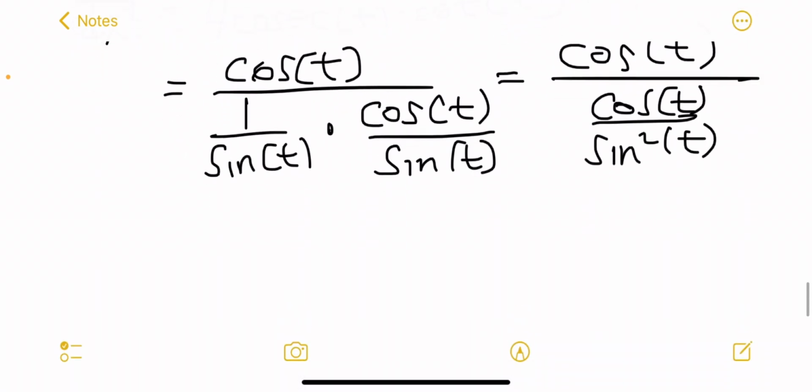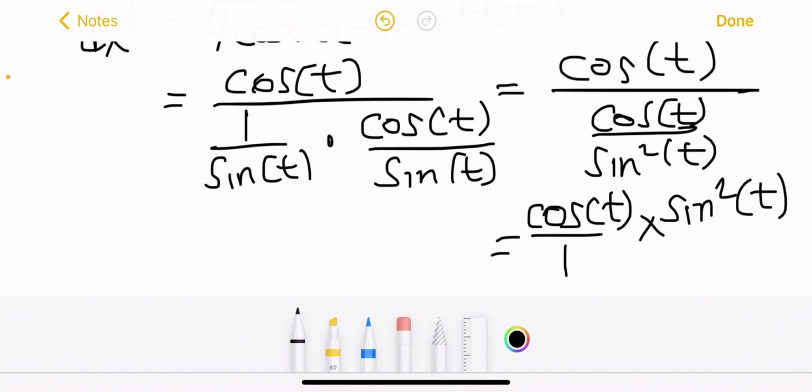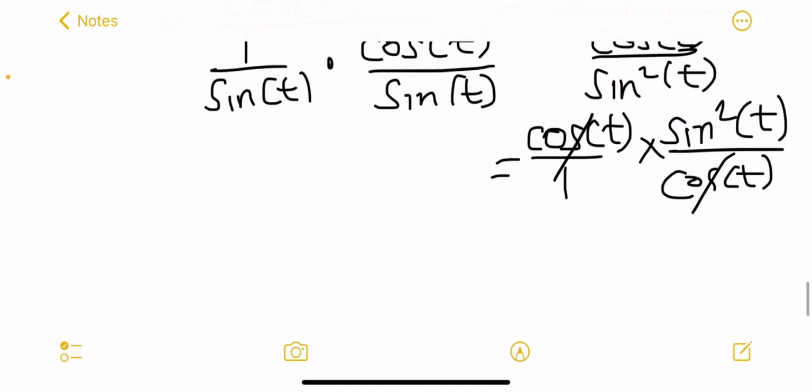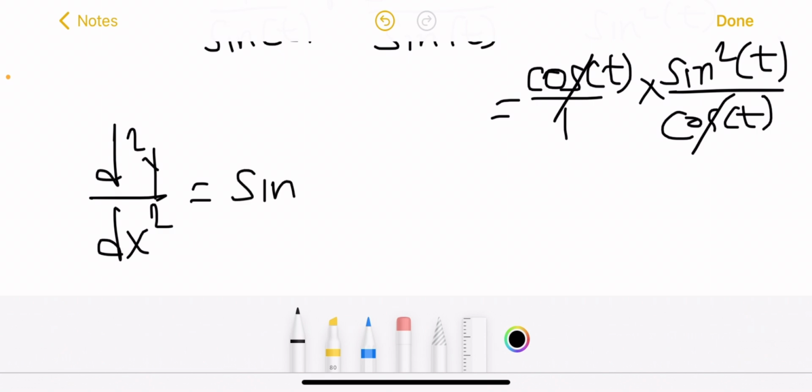And then we further simplify. This is cos of t over 1 multiplied by sine squared of t over cos of t. Then now we cancel, and we'll find that our d squared y over dx squared is equal to sine squared of t. That is your final answer.